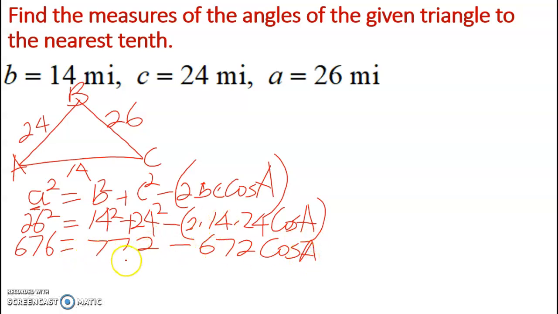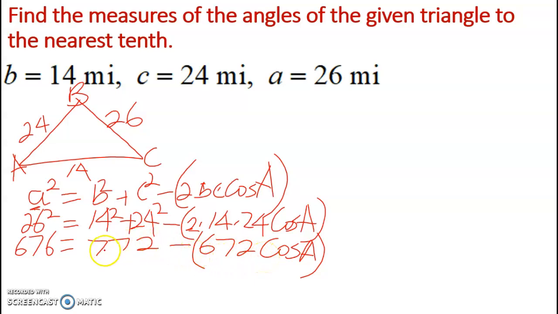Now, one common mistake is people will subtract 772 minus 672. Remember to use the order of operations, and that's why I always put these in parentheses, to remind you that this multiplication goes together. So you have to subtract 772 from both sides first. Do the subtraction and work with this term last.